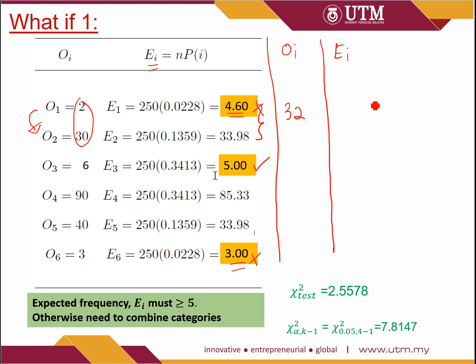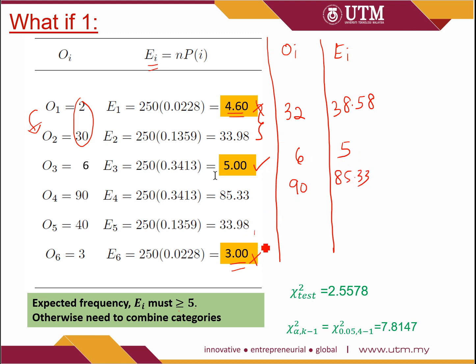So you would have 38.58 for this first and second row. This one, since this is above 5, is okay. So just write 6 and 5. This one is also okay. 90, 85.33.